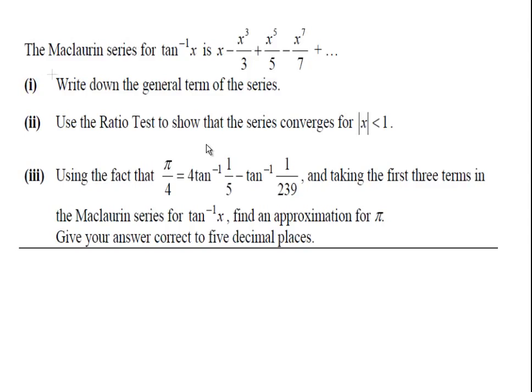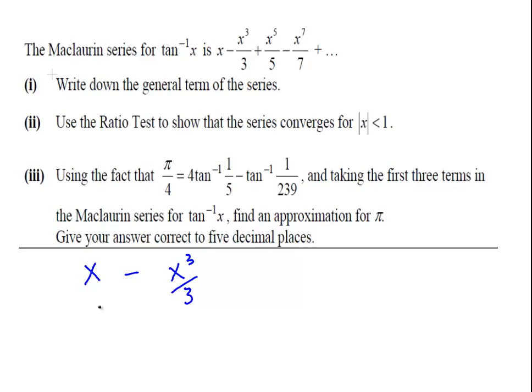Now this follows on to stuff like the ratio test, so it informs me as to a couple of decisions I'm going to take as to how to go about doing this. First off, remark that the first term is x, then minus x cubed over 3, and so on.